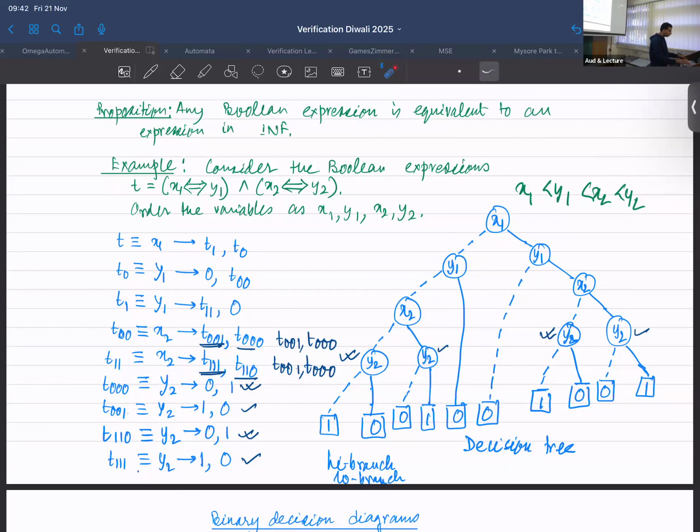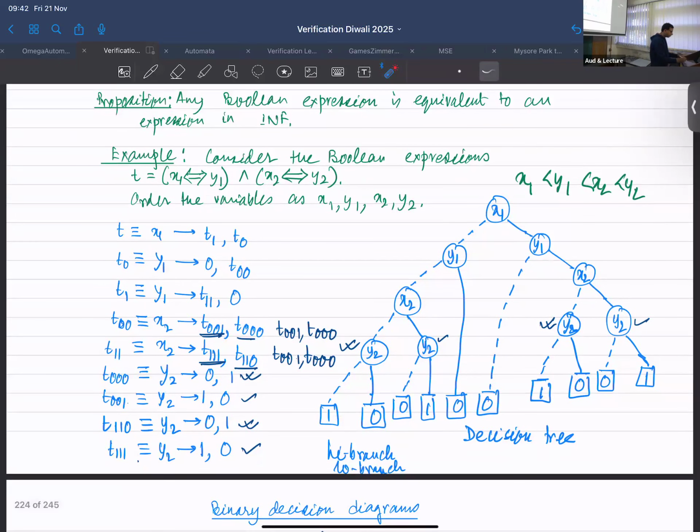Then you can also consider nodes, for example, here, y2 with 0 and 1, appearing twice. These are the same nodes, so you can just consider one of them. And this gives you a DAG. That is essentially the BDD, the binary decision diagram.